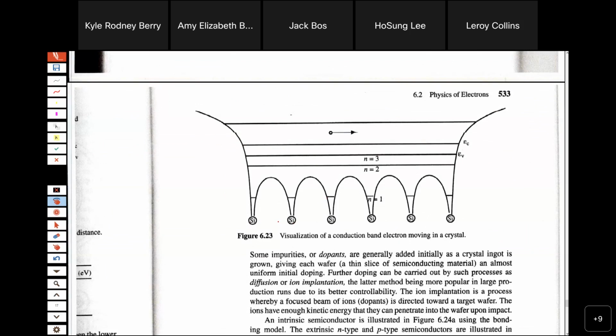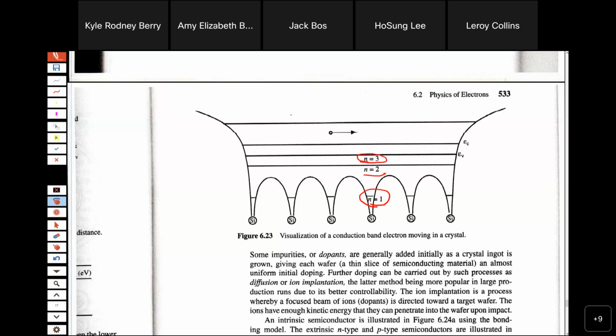Actually, the silicon crystal structure, silicon in 3D, you can think of it as almost the same as quantum numbers 1, 2, 3, and then becoming free. This is an example.